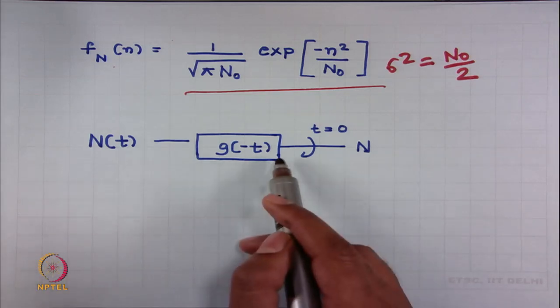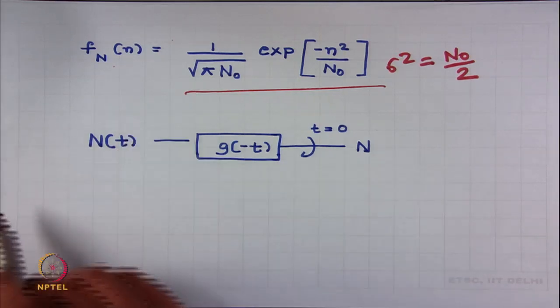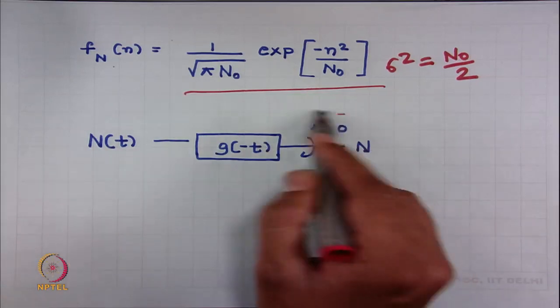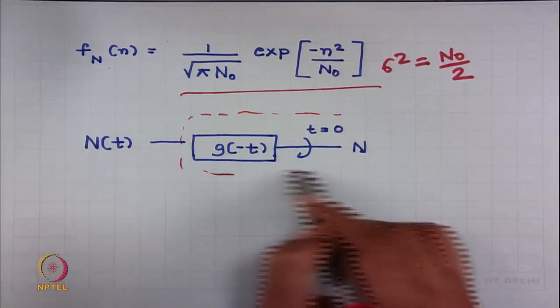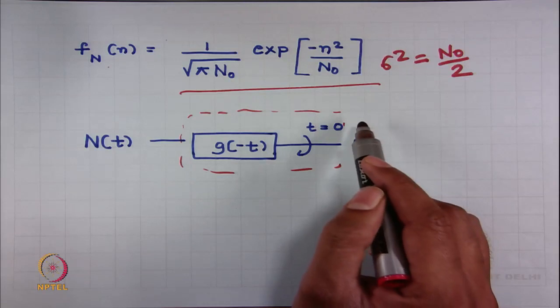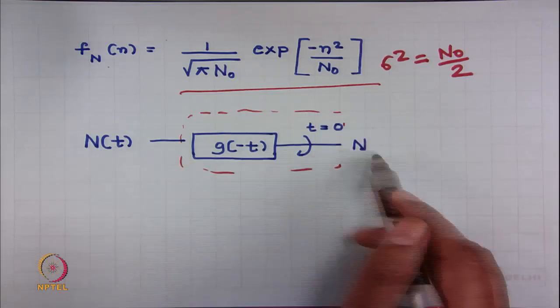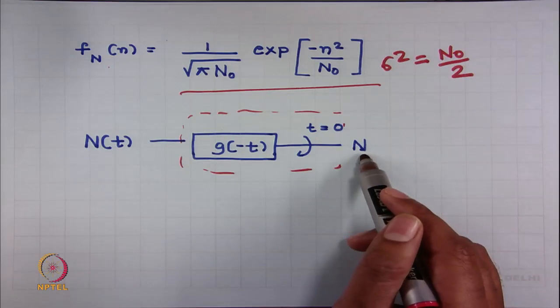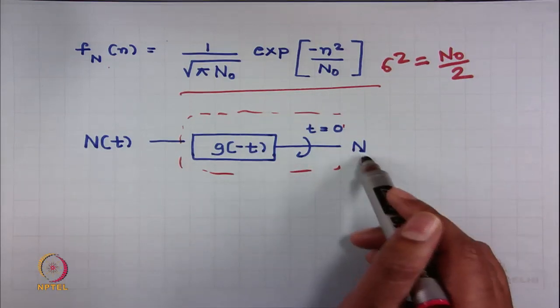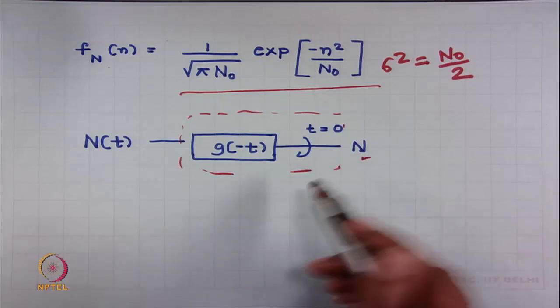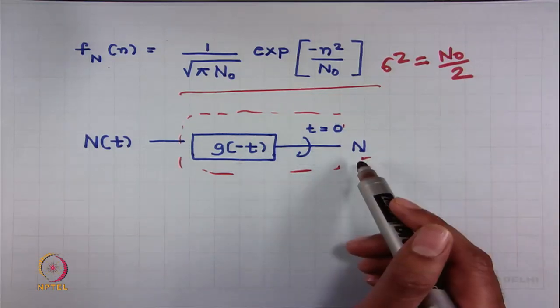What we show here is that if you pass this white Gaussian noise n(t) through a matched filter, we have seen in one of the previous lectures that a matched filter is the same as a correlator. So, you would expect the same output. Again, you have at the output of this matched filter a random variable n, so whatever we have said in the context of the correlator also holds here.